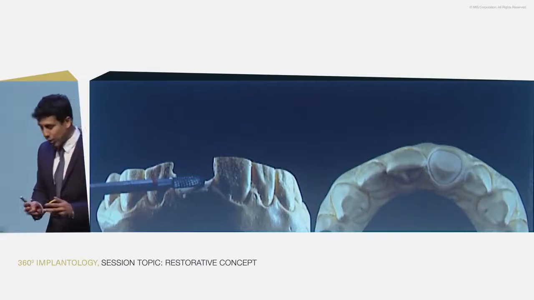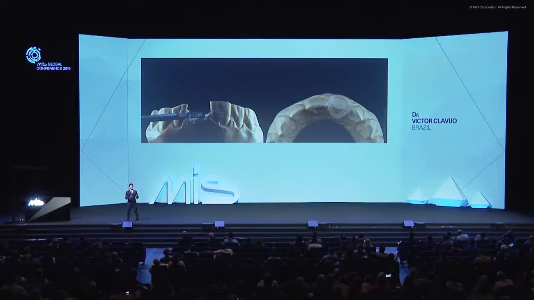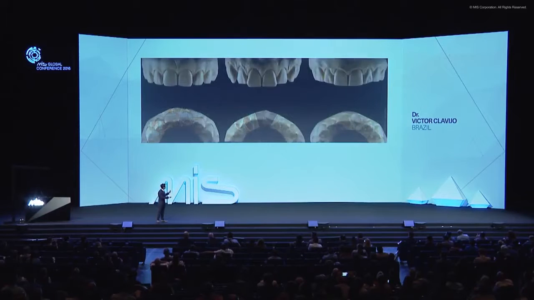And if you want more accuracy working with custom abutments, we started to do some experiments. If you go to your cast before you start your surgery and you remove the tooth on top of the cast, you start to find different root shapes. It's the same that I showed you in the other slide.